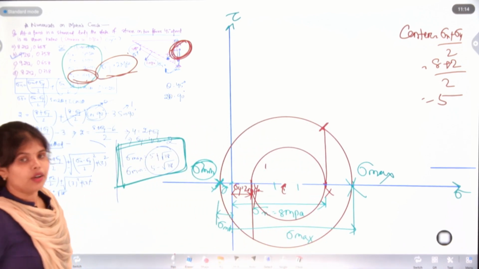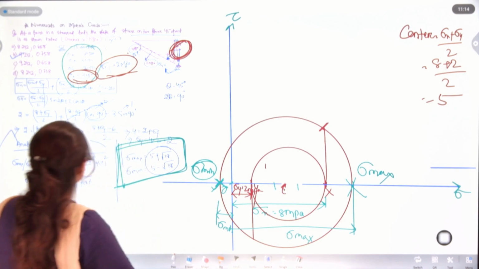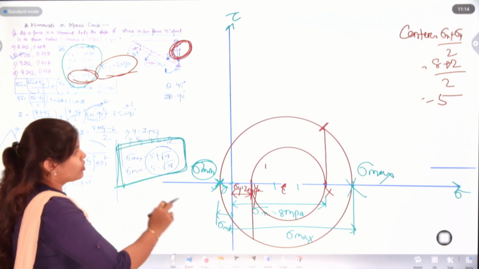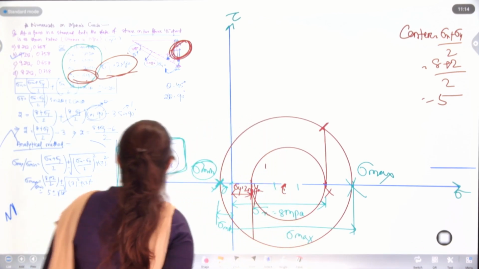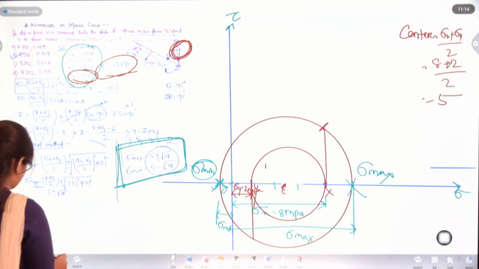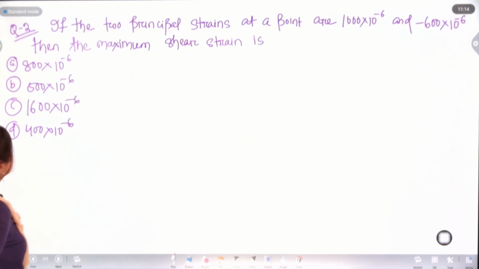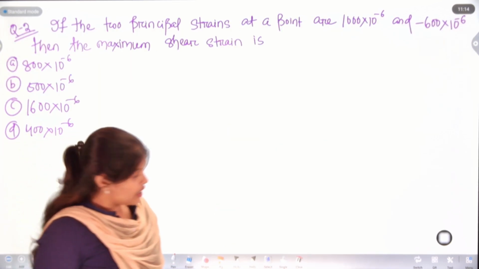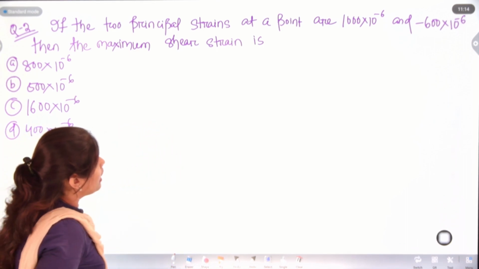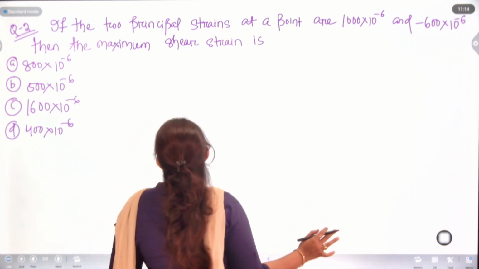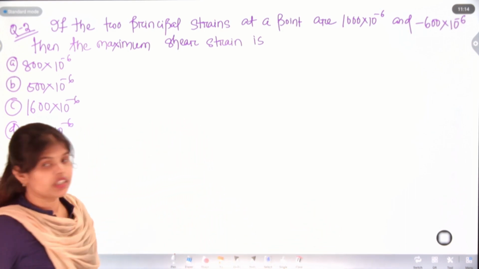Okay. Now, we have already solved this question by using both analytical and graphical methods. So, next, let's solve another question. What is asked in this question? If the two principal strains at a point are this and this, then find the maximum shear strain.